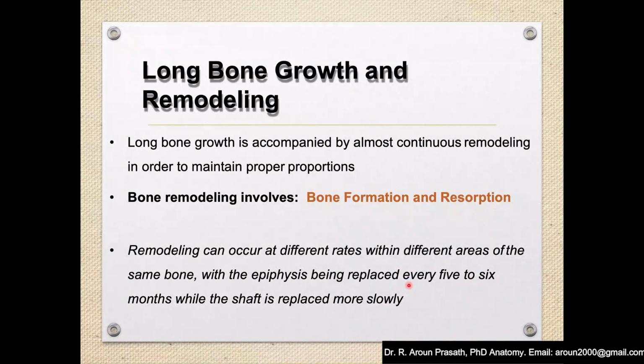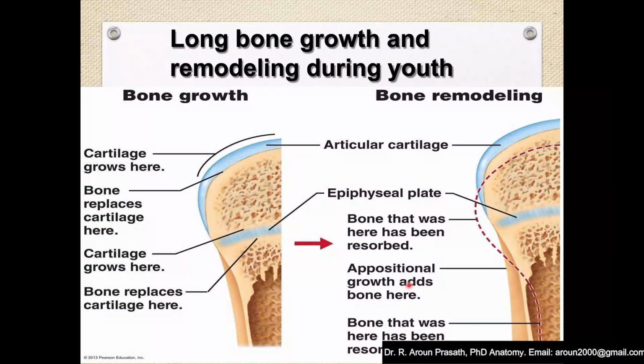Coming to long bone growth and remodeling, bone growth and remodeling involve formation and resorption. As I told you, this is a continuous journey in human life. So let's see a few words about it.